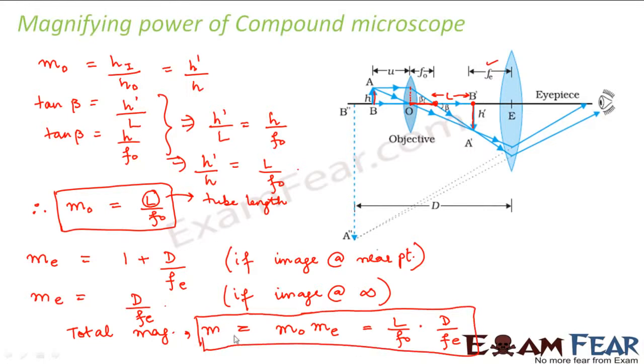For a larger value of magnification, the focal length of the objective and the focal length of the eyepiece should be small, but the tube length L should be large.